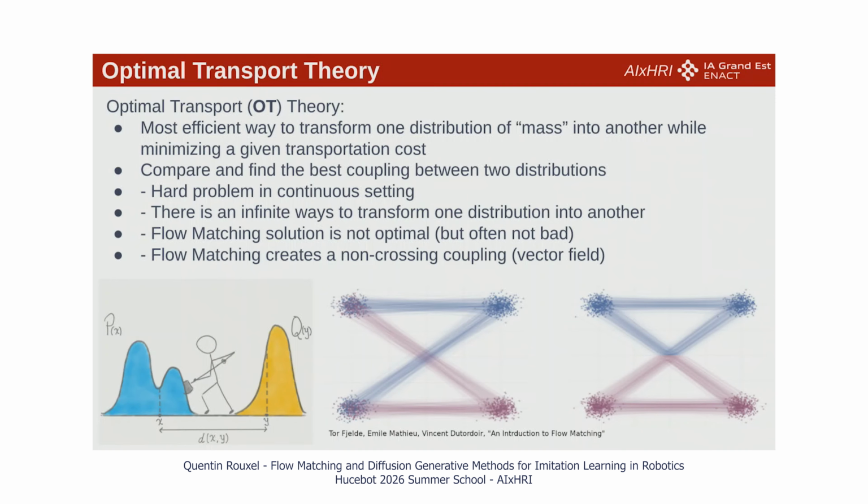But most of the time, I would say it's not that bad. It's not too far away from the optimal one, but just keep in mind that flow matching is not theoretically optimal. Another property is that, as I said, flow matching creates a vector field. Because of this, the continuous transformation between one distribution and another makes the mapping such that there are non-crossing paths. Typically, a crossing between paths is not possible with flow matching, and we have to have this bending in the coupling between two distributions.